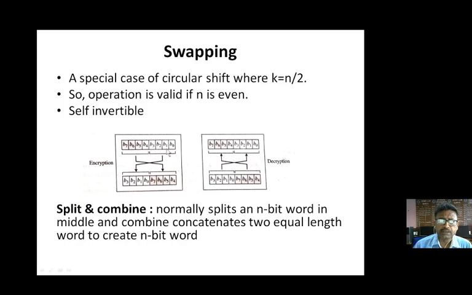Now, the next component is split and combine. Normally, split means splitting an n-bit word from the middle, and combine means to concatenate two equal length words to create an n-bit word. So in split and combine, if we have an n-bit word, we split it into two parts, and on the other side, whenever we receive two split words, we concatenate these two words to become a full length word.